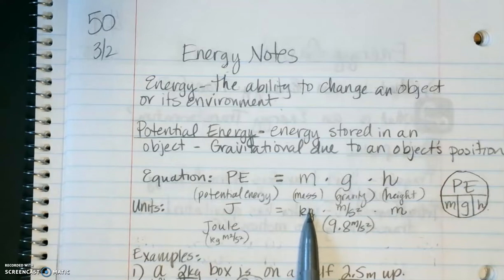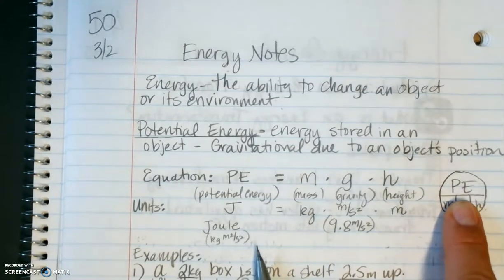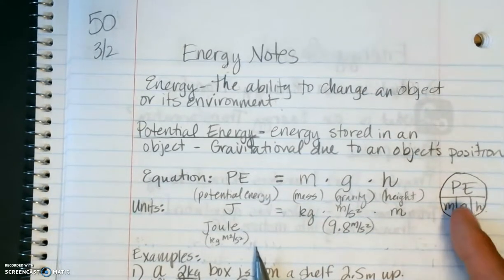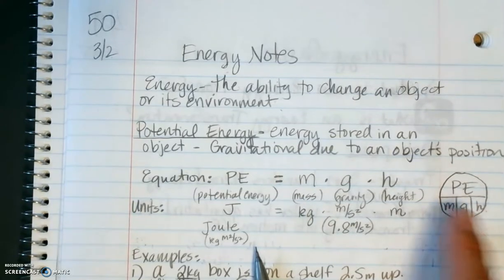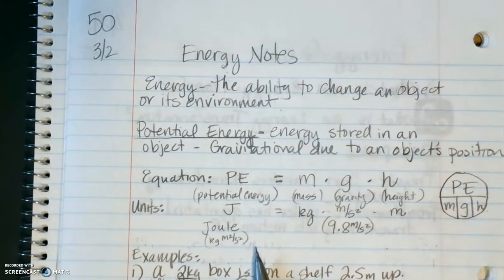Now, gravity, since we're on Earth, doesn't change, but there are times where I might give you the gravity of the moon or another planet and ask you to solve for potential energy, or solve for the gravity on another planet, when we'd cover up g, and we would get potential energy divided by mass times height. Okay, so that is just a quick refresher on potential energy.